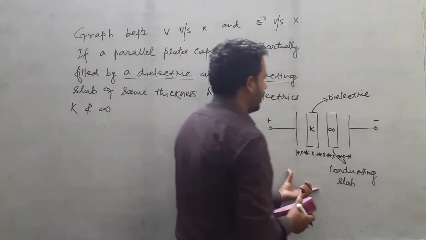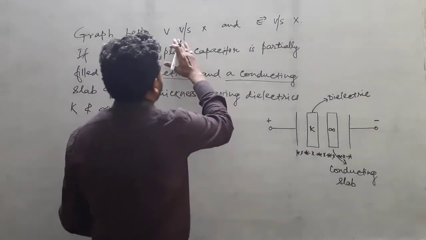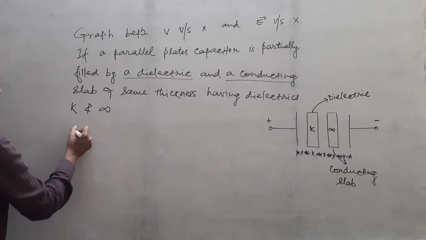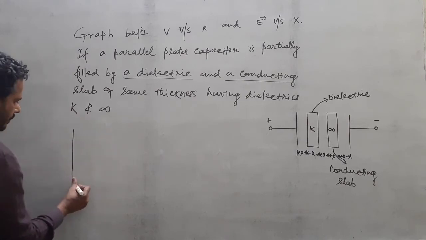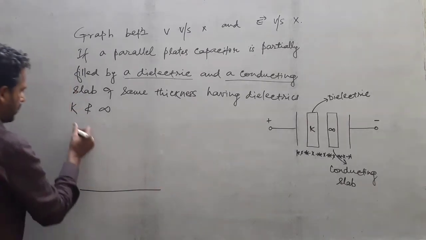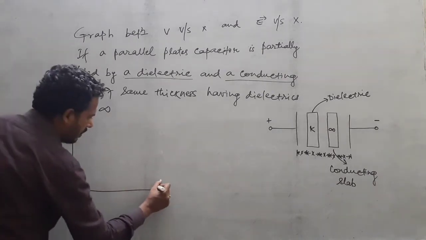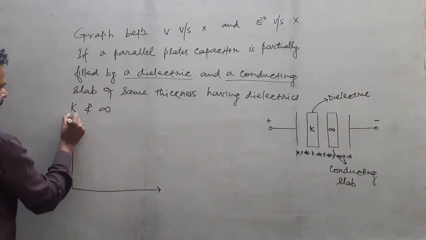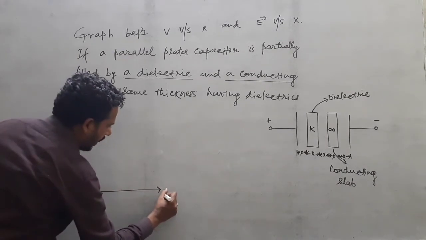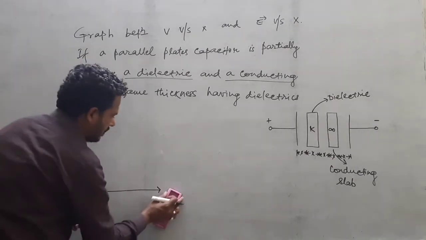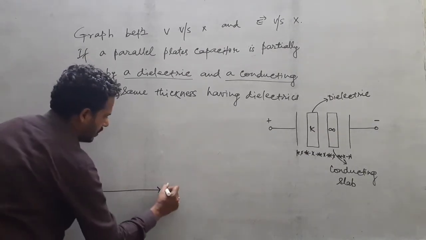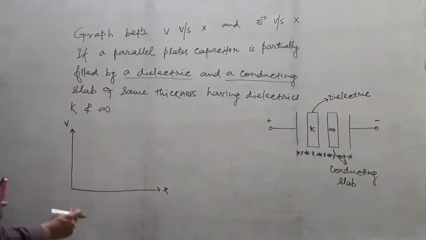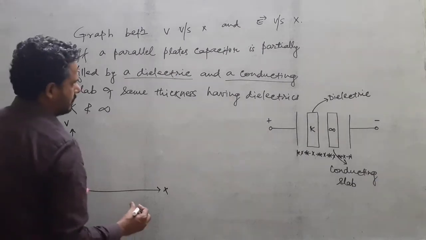And then we have to plot two graphs. Here we are going to plot a graph between electric potential and x. We just put x here.